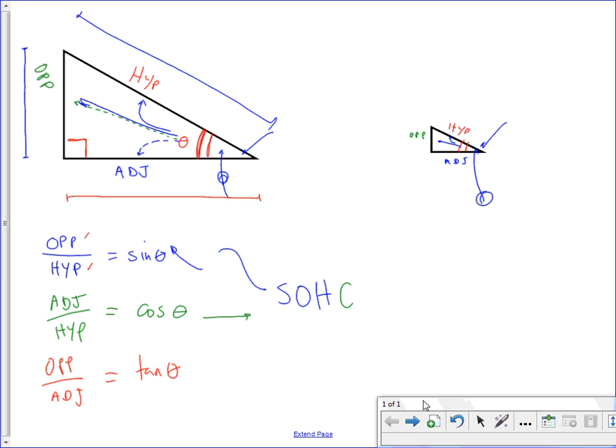Cosine is defined to be adjacent divided by hypotenuse. Tangent is defined to be opposite over adjacent. And so people say SOHCAHTOA.